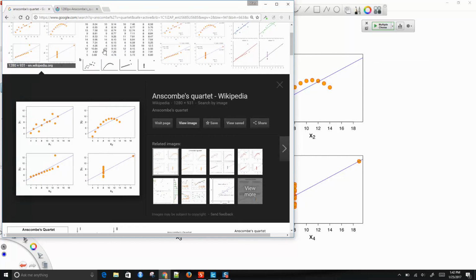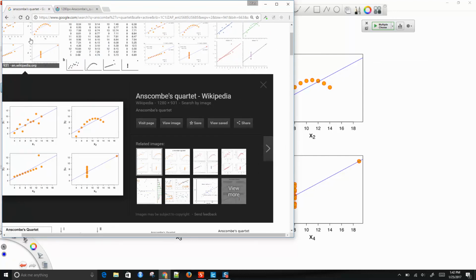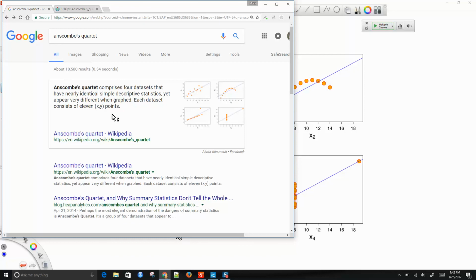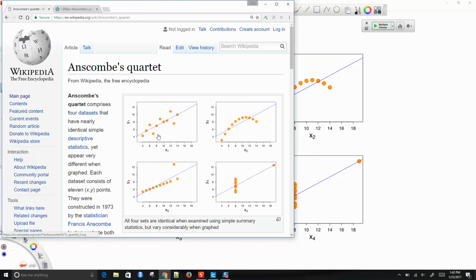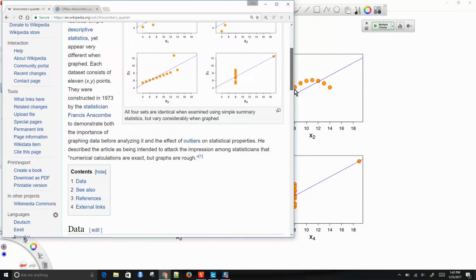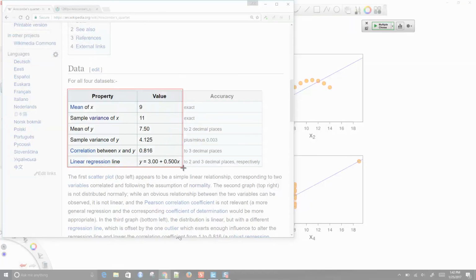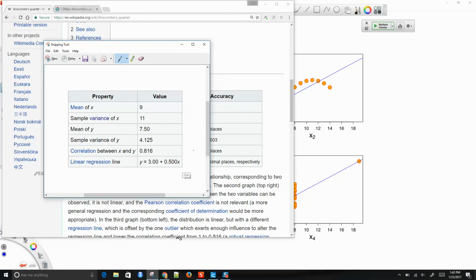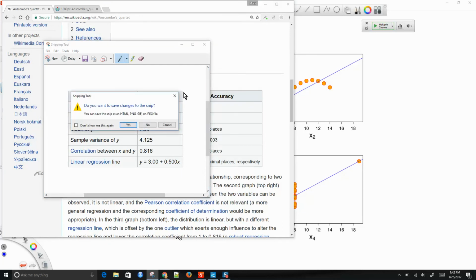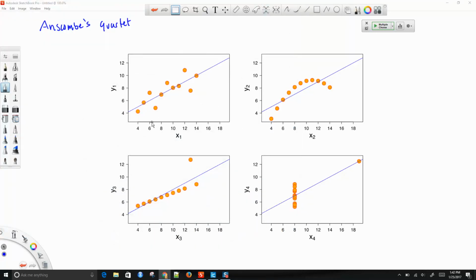All four of these, all four have a correlation. All four data sets have the same mean here. Let me also just copy this. Okay. Like if you calculated, oops, where did this go? Did that not work?